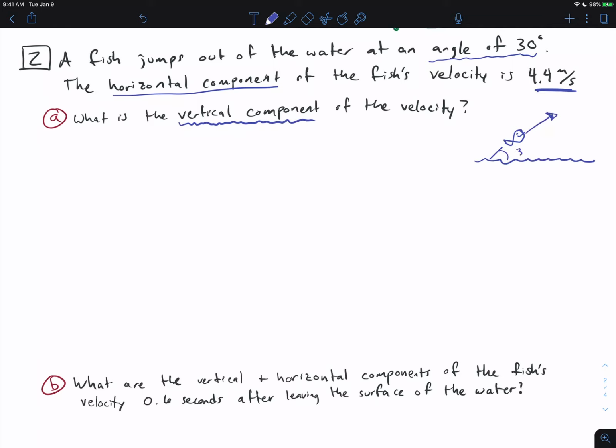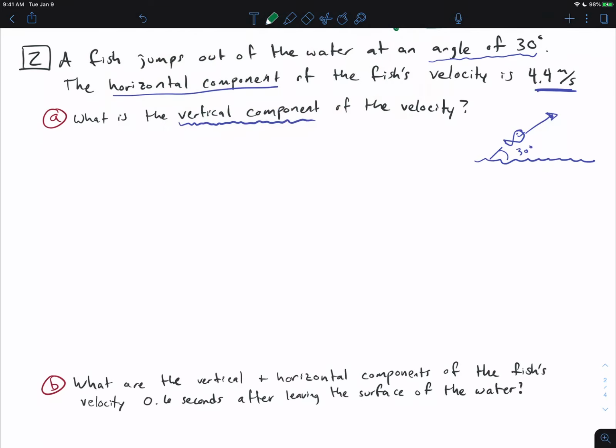And this angle here is 30 degrees. So as soon as it leaves the water, it leaves at an angle of 30 degrees, and we know a little bit about its velocity, right? Specifically, we know the horizontal part of its velocity once it leaves the water, right? So we can draw this here.